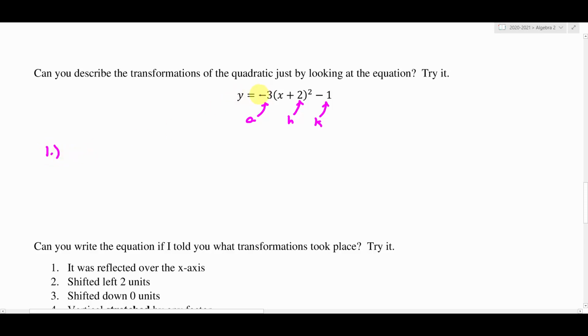I notice there's a negative here, so I know it's been reflected. I'm going to say reflected over x. Okay. I also see the 3, right? 3 is a number that is greater than 1, so it has been vertically stretched by a factor of 3.